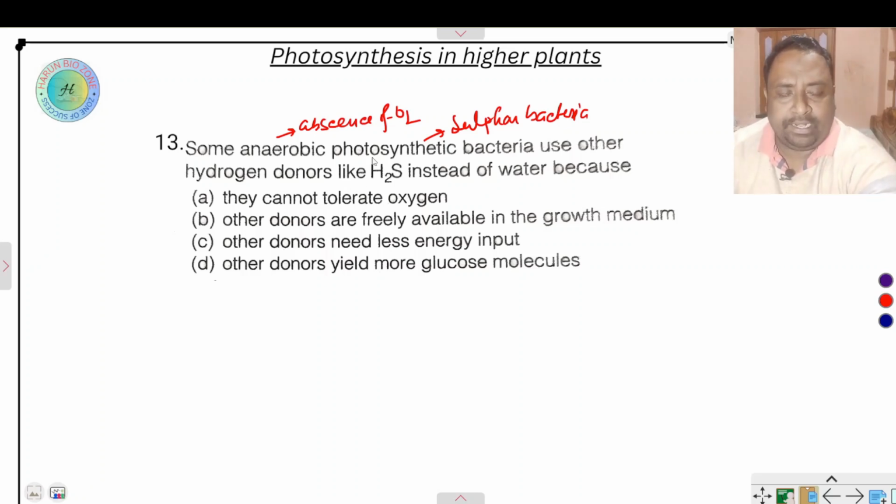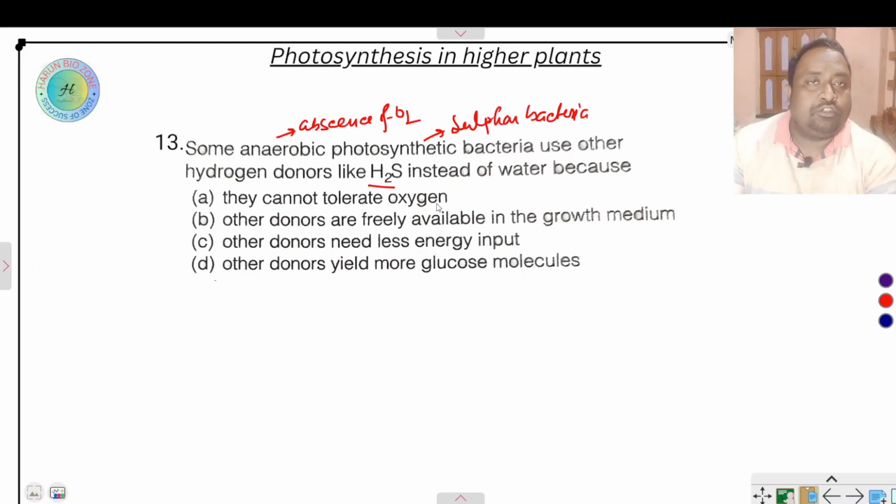In case of plant, they use H2O as a hydrogen electron donor, but in case of photosynthetic sulfur bacteria, they use H2S, hydrogen sulfide, in place of H2O instead of water, because they cannot tolerate oxygen. Because in the presence of oxygen, their oxidation reaction is produced.